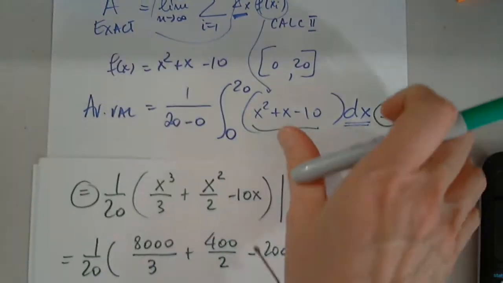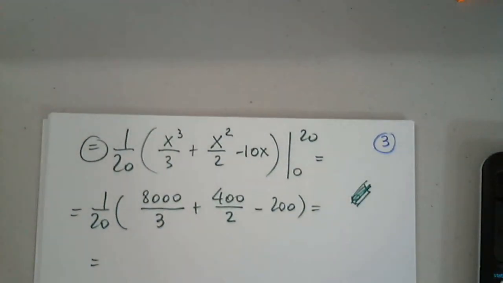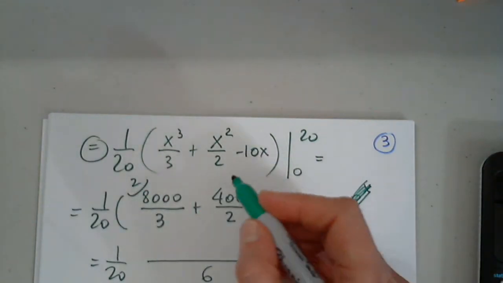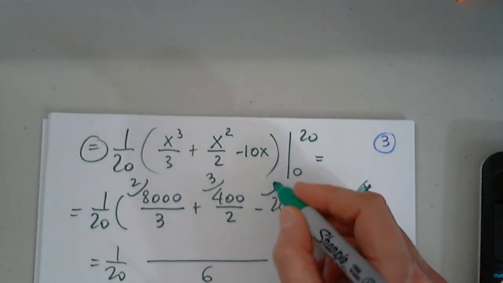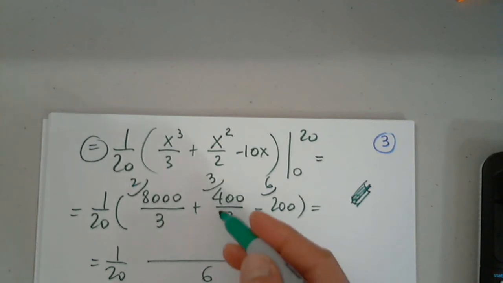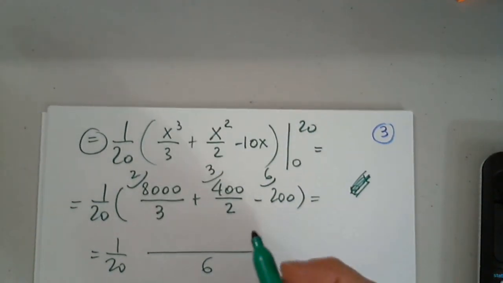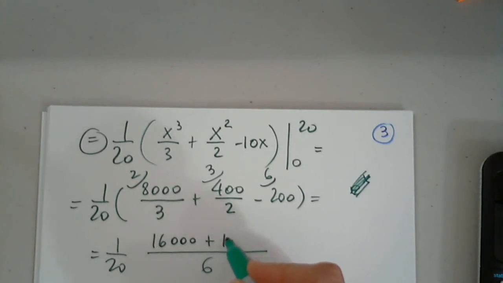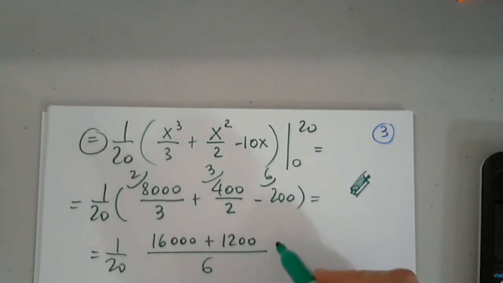Okay, so then 1 over 20. I will find the least common denominator to be 6. Adjustment over 2, adjustment over 3, and adjustment over 6. I could have simplified. It's the same thing. Okay, so 16,000 plus 1,200 and minus 1,200.